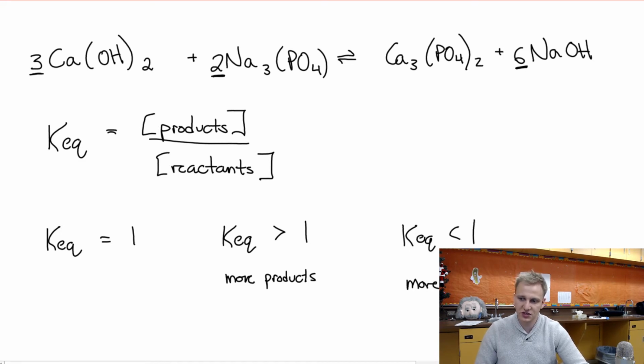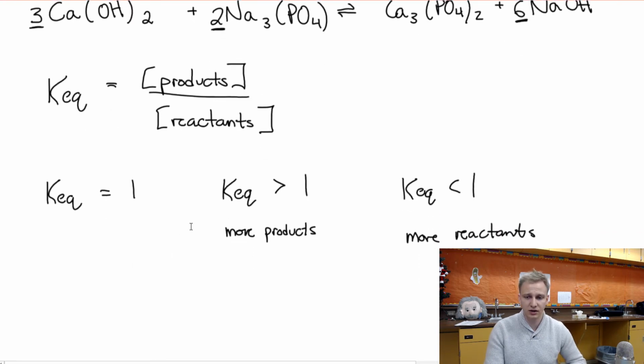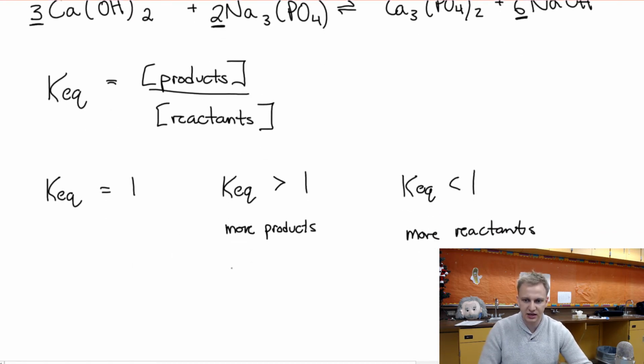And so what this can do is tell us if a particular reaction will be reactant favored, product favored, or neither. KEQ equal to 1 doesn't really happen very often, but it does exist, and so it's worth talking about. We can also have extreme KEQ numbers. If KEQ is equal to 10 to the power of positive 10 or bigger, we say that that reaction goes to completion, that we basically have all products.